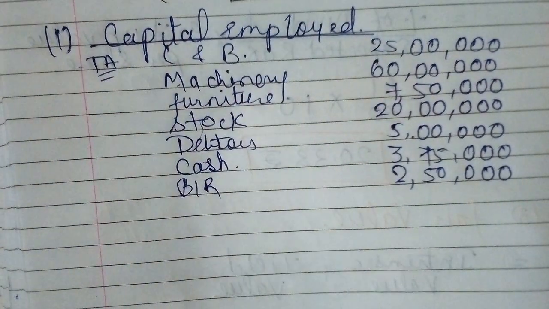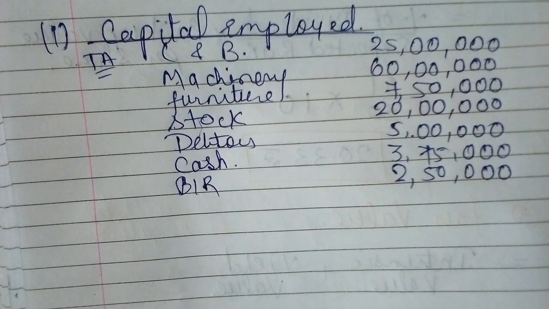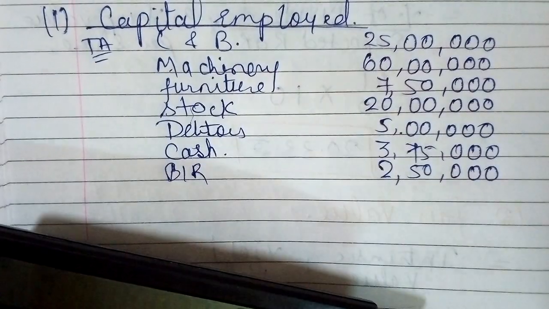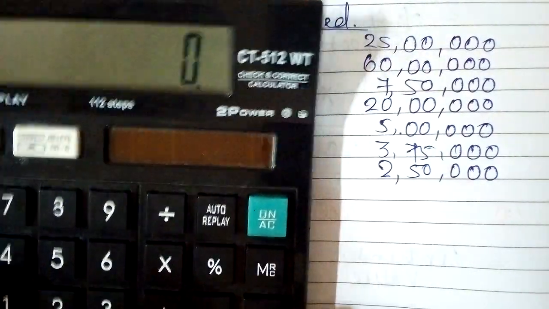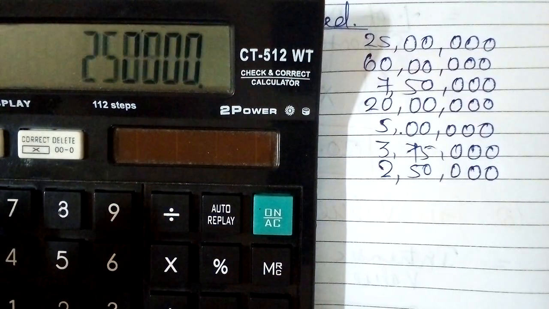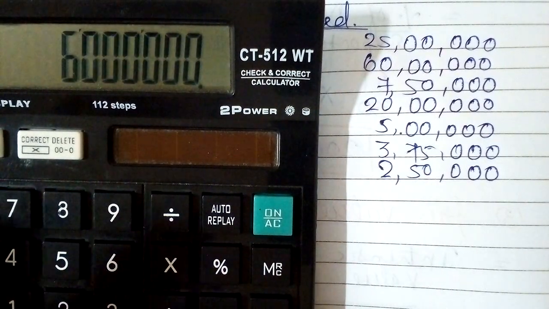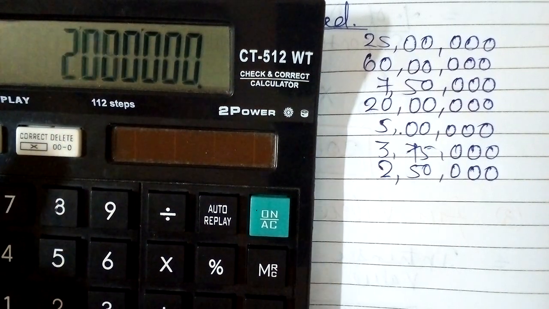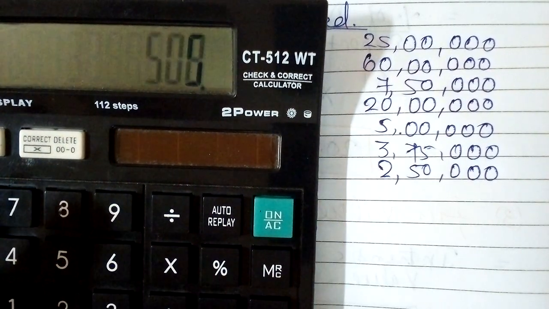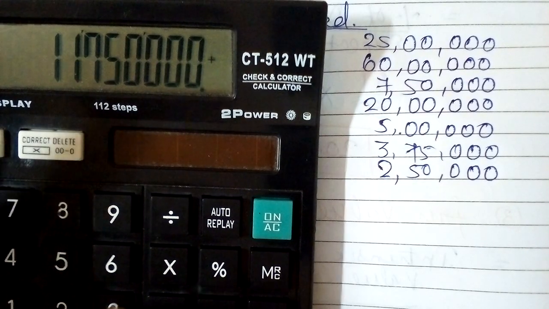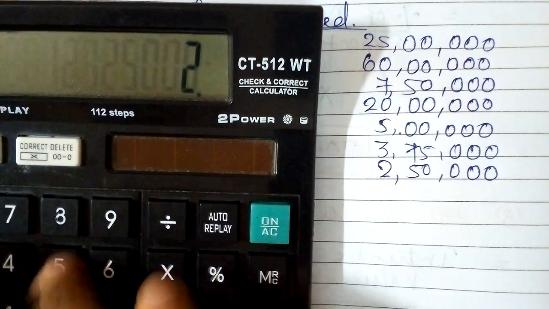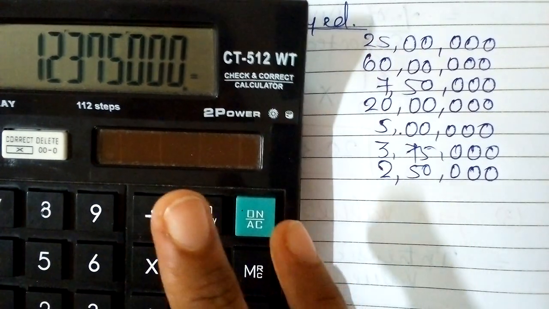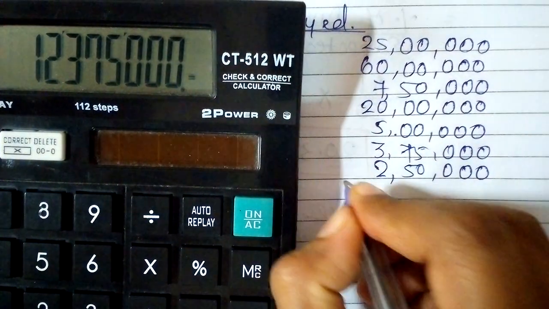And preliminary expenses are not going to be considered as they are fictitious assets, right? So let us make the total. 25 lakhs plus 60 lakhs plus 7,50,000 plus 20 lakhs plus 5 lakhs plus 3,75,000 plus 2,50,000. So that is 1,23,75,000.